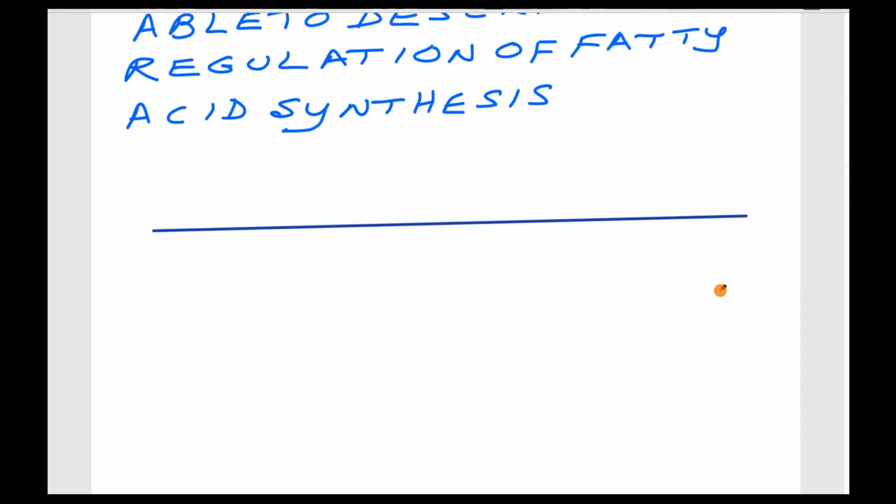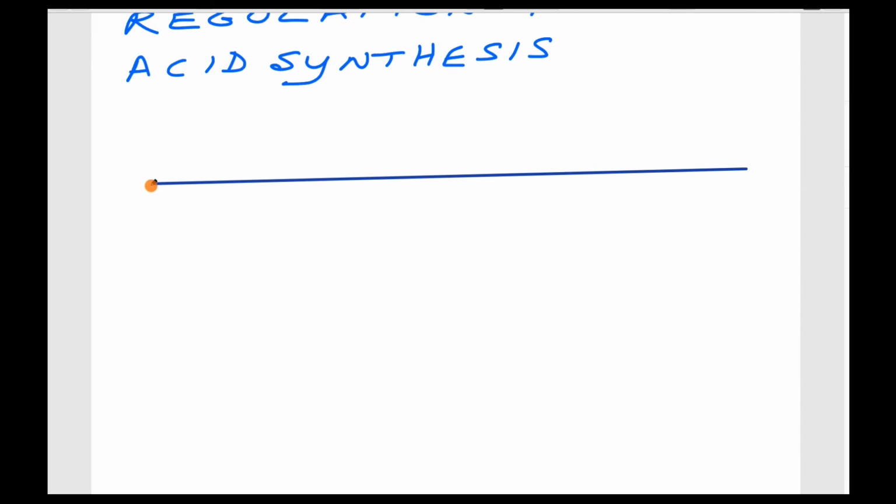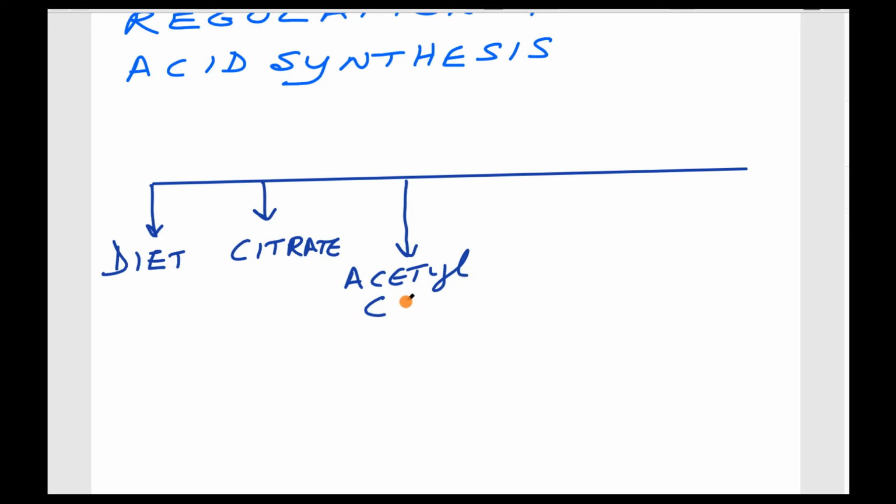What are these? One is diet, what the diet contains. The second one is the levels of citrate. The next one is the enzyme acetyl coenzyme A carboxylase.